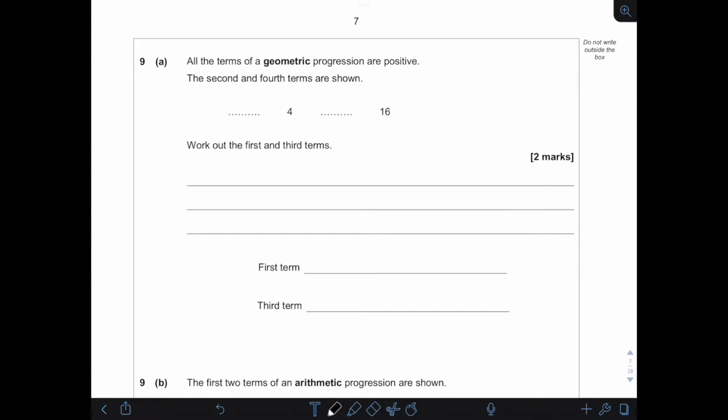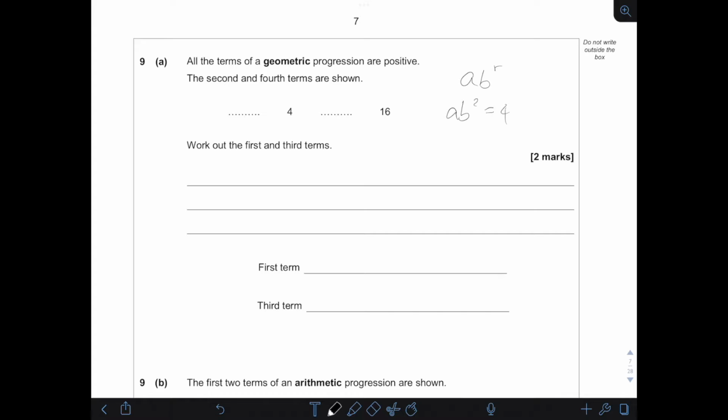Right, so next we have a geometric progression. Geometric progressions are a b to the r equations normally. So we have the second term is 4. So a b to the 2 equals 4.